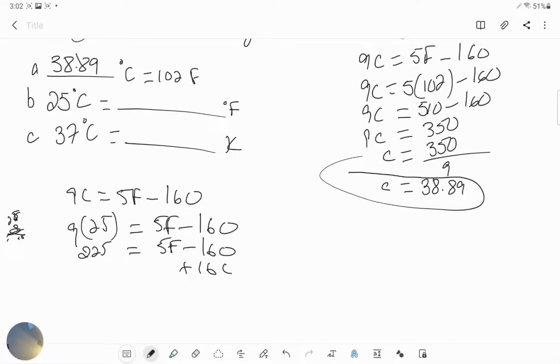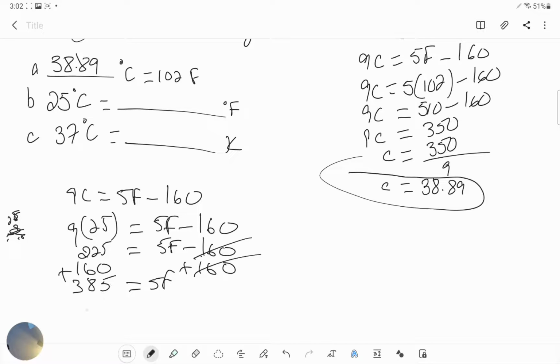We add 160 to both sides because the goal is to get F by itself. 225 plus 160 is 385. 5F equals 385.